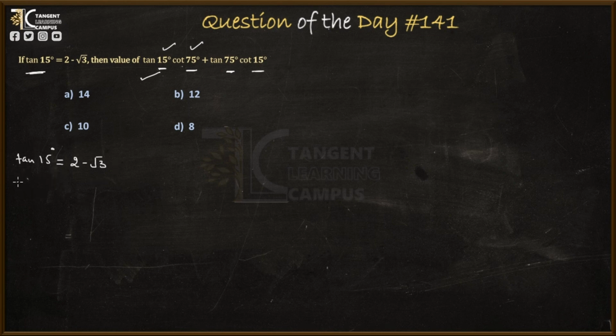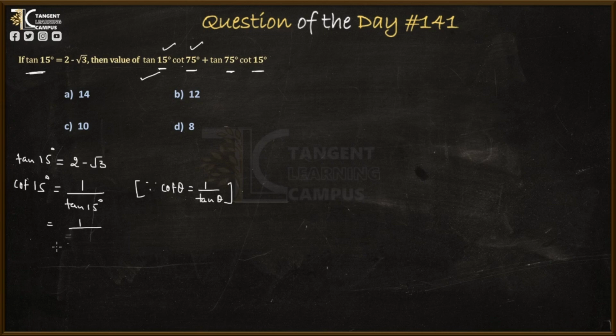So let us write down cot 15 degree. We can write 1 over tan 15 degree, because we know the formula cot theta is equal to 1 over tan theta, and theta here is 15 degree.